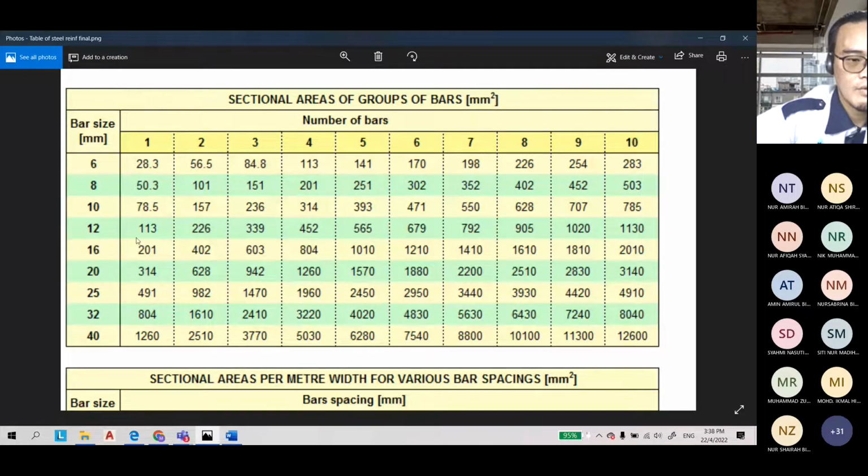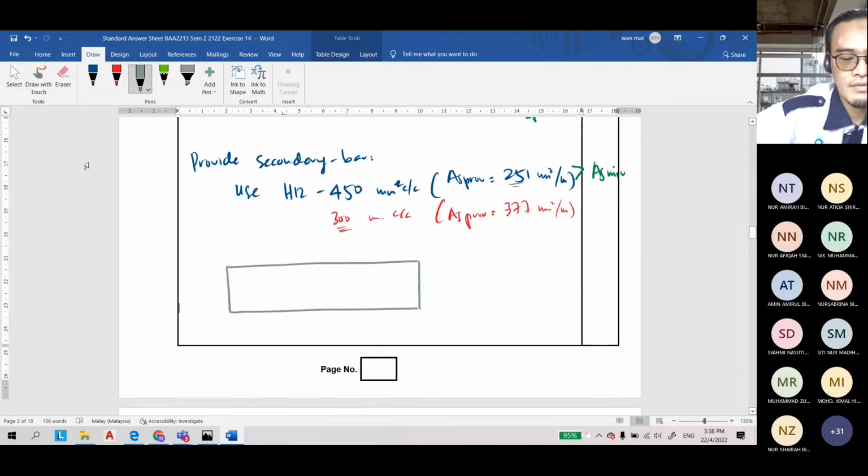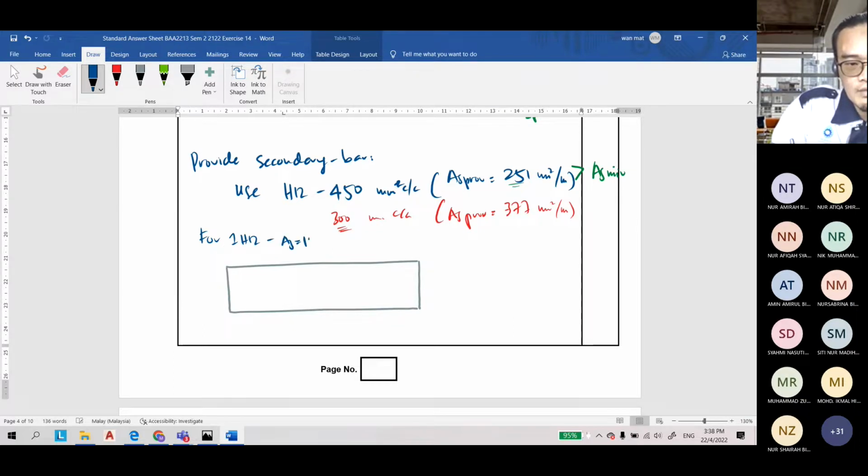This one, 113 mm square. So for 1 H12, As is equal to 113 mm square.